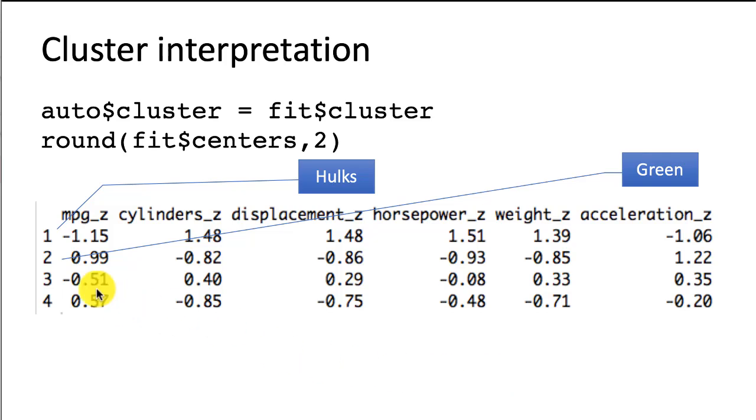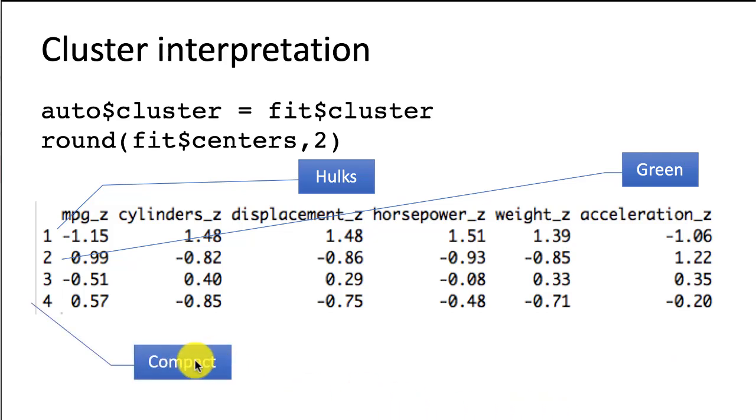The second one consists of cars which have almost one standard deviation higher than the mean in terms of fuel efficiency. Low number of cylinders, low displacement, which means a small engine, low horsepower, light, and good acceleration. So you might say that these are small cars, and might call them green cars.